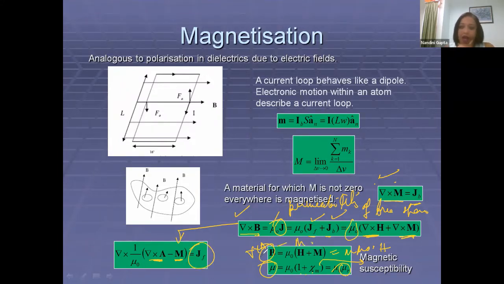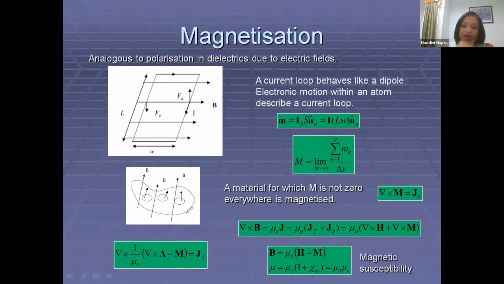So taking out the magnetization component, this is the component which is due only to the free current or the external current. So now I have a modified expression for curl of B, in terms of curl of A: curl of (1 by mu naught curl of A minus M) is equal to J_F, right?